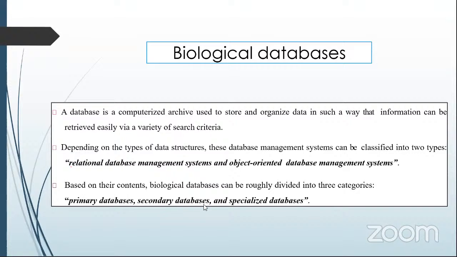In the secondary database, you will get the 3D structure of a particular protein, the classifications, the different drug targets and the pathways. And in the specialized database, you will get the information you want with respect to only pathways, or only an omics based approach, or NGS based analysis. This is how it works.